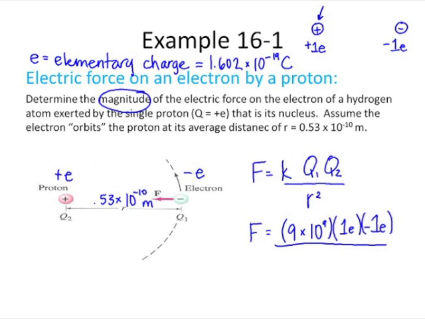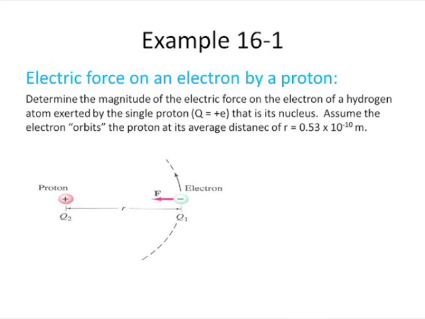And our distance is 0.53 times 10 to the negative 10 meters squared. So the distance itself is squared. When we write our answers out, we're going to express it in terms of e times e, or e squared. So including e squared, when you find your answer, type it in the field below.